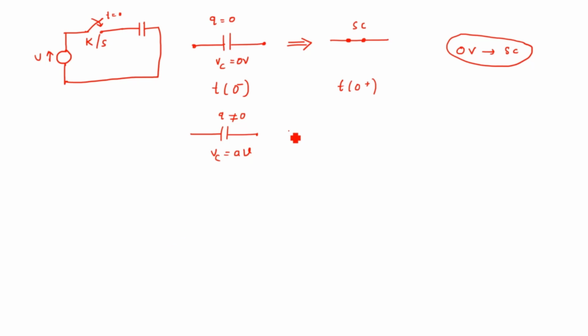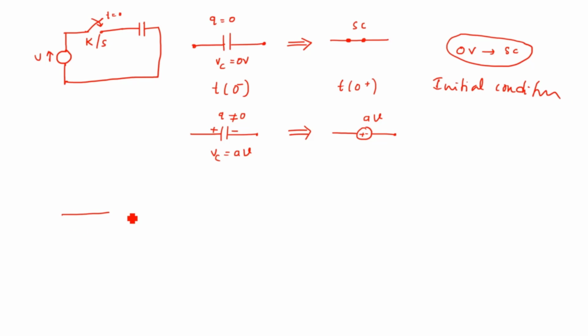Then immediately after switching, it acts as a voltage source of value A volt. If it is charged with this polarity, then immediately after switching, in the region called t equals 0 plus, it acts as the voltage source. These two are initial conditions of a capacitor.